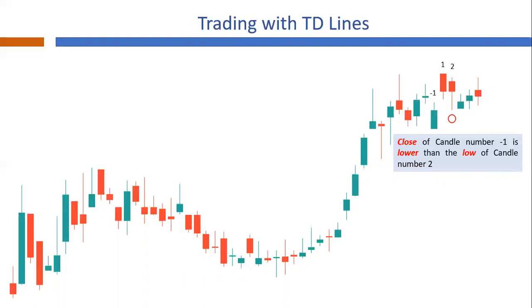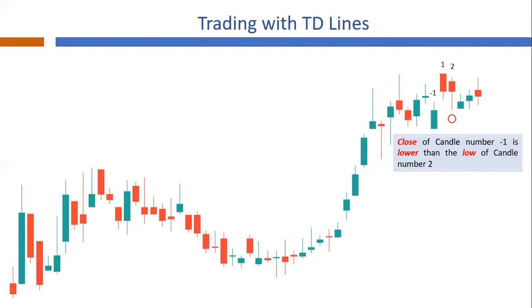But look at the candle 2 days earlier. The same is numbered as -1. You can see that the close of that candle is lower than the low of candle which is numbered as 2. Do note that the comparison is between the low of candle number 2 and the close of candle number -1. So now we are considering true lows instead of chart lows.